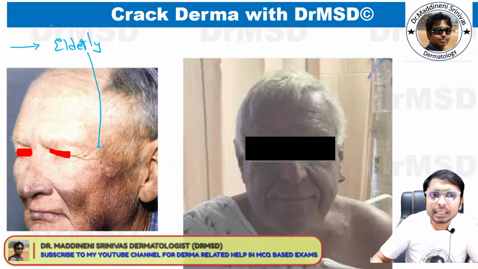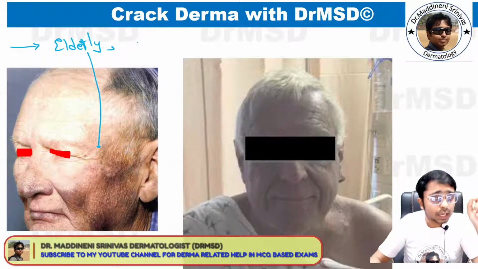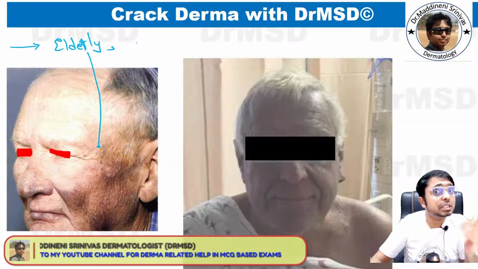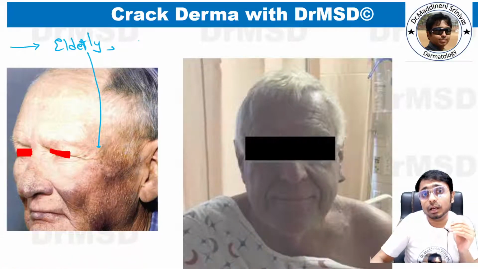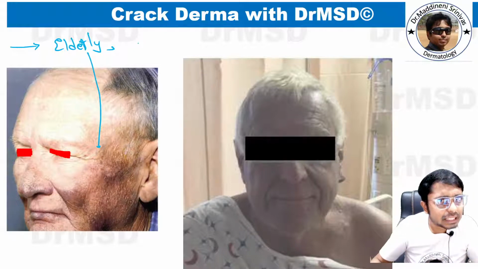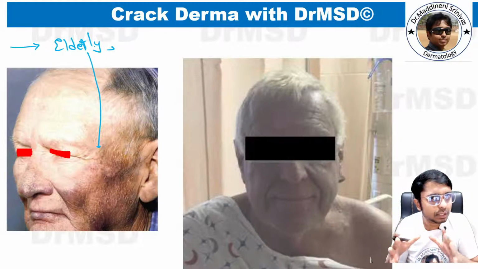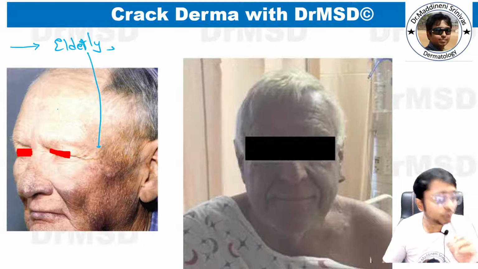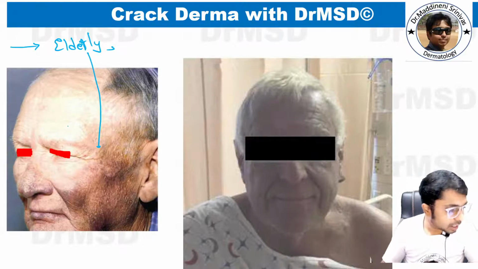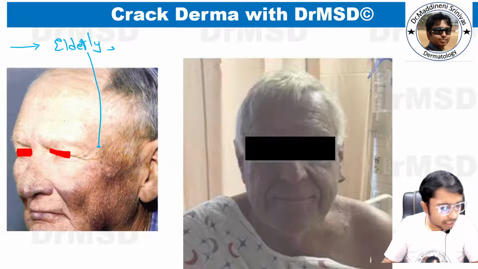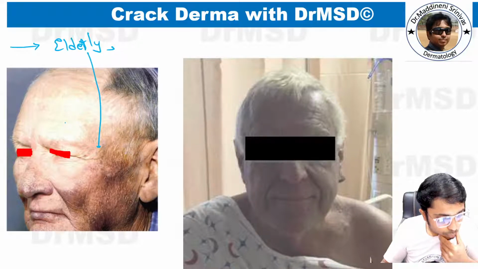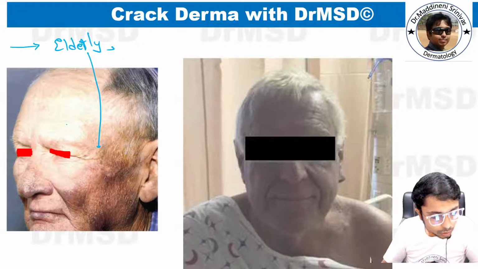And in the question it was mentioned that he was on polypharmacy. So you are given options: which of the following drugs can produce this kind of pigmentation? Can anyone tell me what is the answer for this question even without the options? This is a very important question, and I hope you might have answered this correct. Yes, can anyone try to tell?